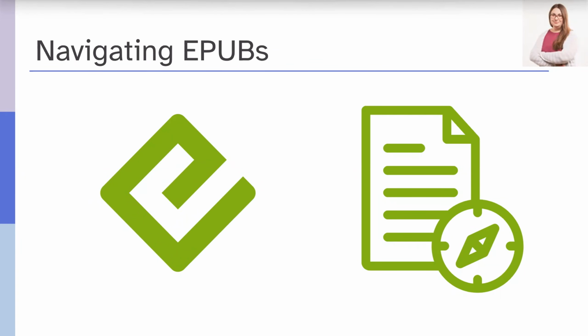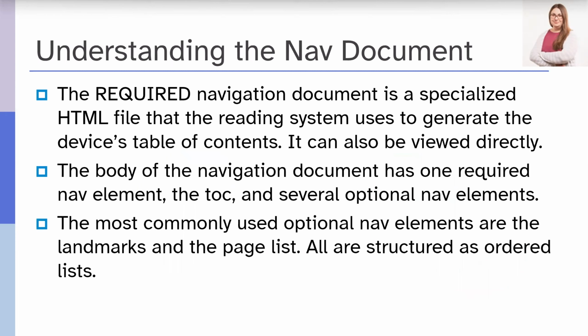Hi. So Svea mentioned that navigation role for a TOC. And what we're going to talk about now is how to navigate an EPUB. There is a required document that's within the EPUB package, which is called the nav document.